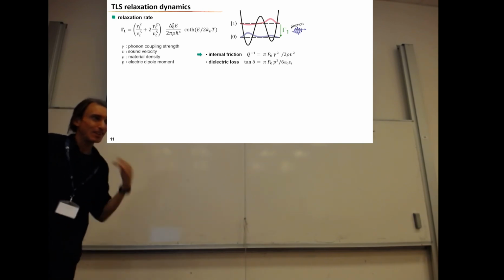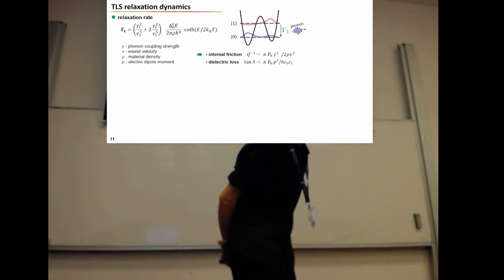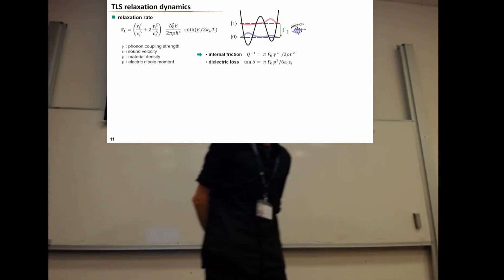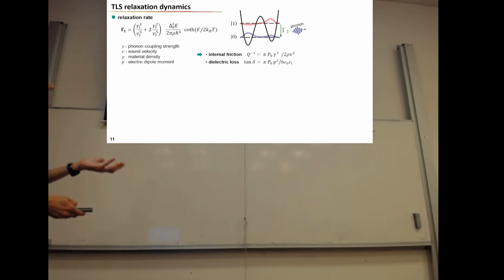What should I imagine on the internal friction? Internal friction. Well, this is actually a good question why it's called internal friction. Maybe I should call it mechanical loss. I mean, friction is of course something which generates loss, mechanical loss. I'm not sure actually why this is called internal here. Anybody has an idea?